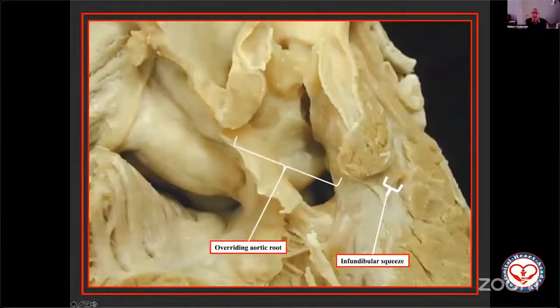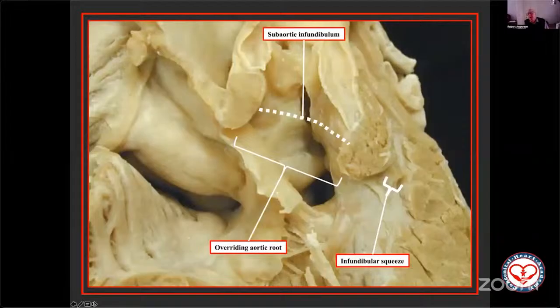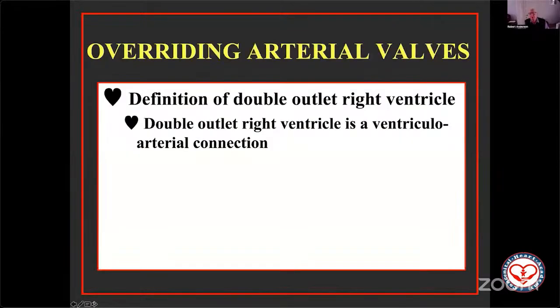And there's also overriding of the aortic root. But look very carefully, and you see there is a completely muscular subaortic infundibulum. So nowadays, I hope you will agree that we do not diagnose double outlet right ventricle on the basis of there being bilateral infundibulums or conuses.